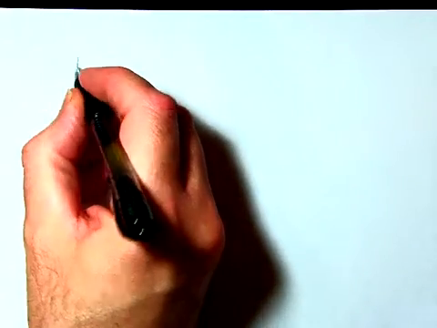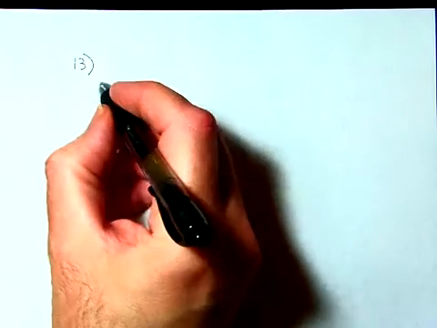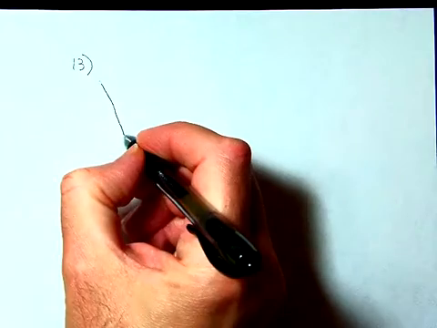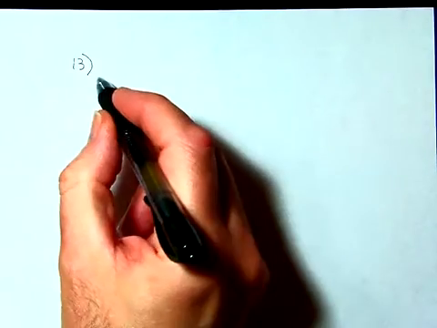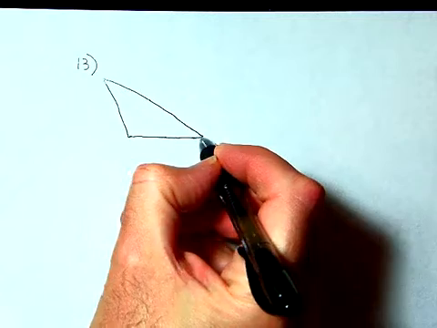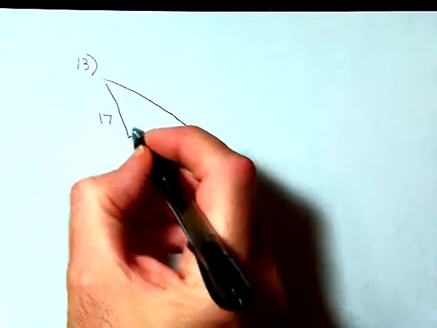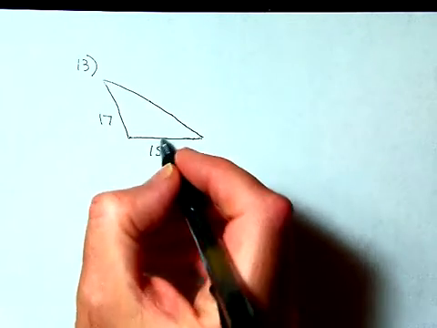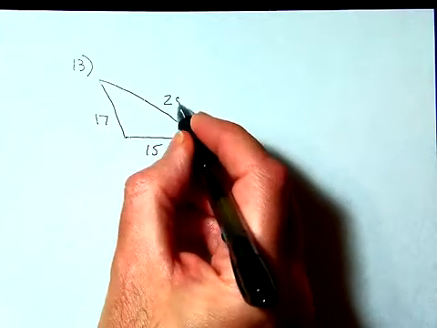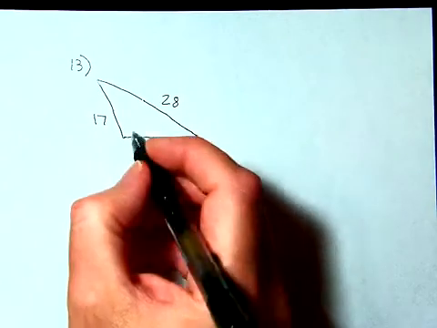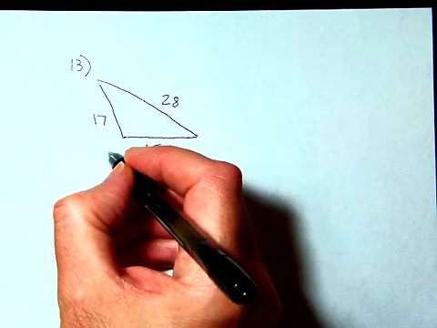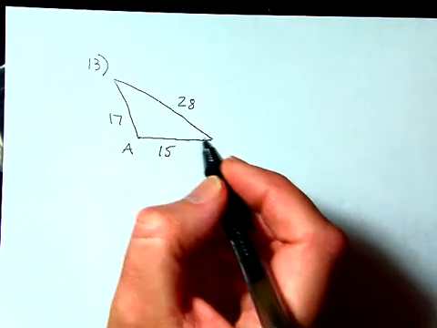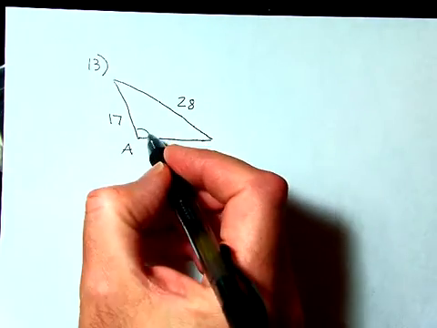So I'm going to draw out problem 13, which is a triangle with the sides given 17, 15, and 28. So this is problem 13 on your problem sheet, and the lengths of these sides are 17, 15, and 28. And I am going to determine angle A, which is this angle here.